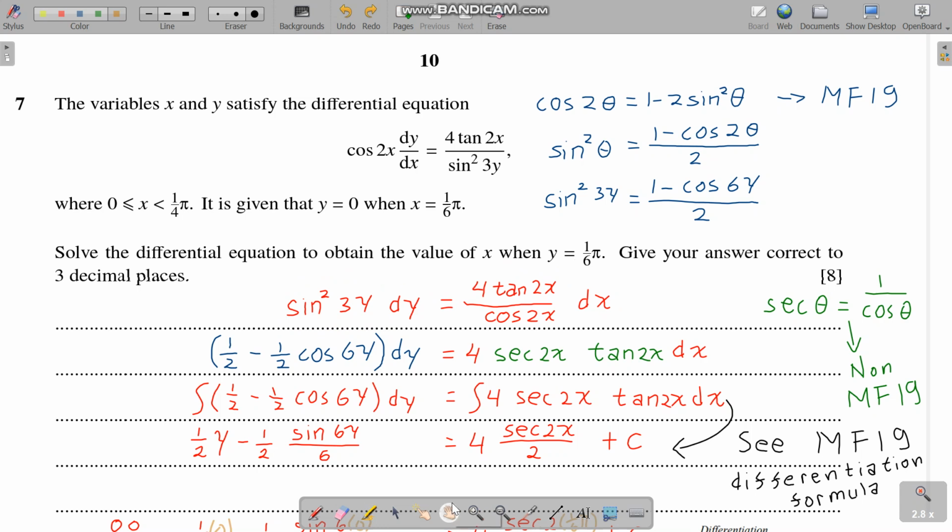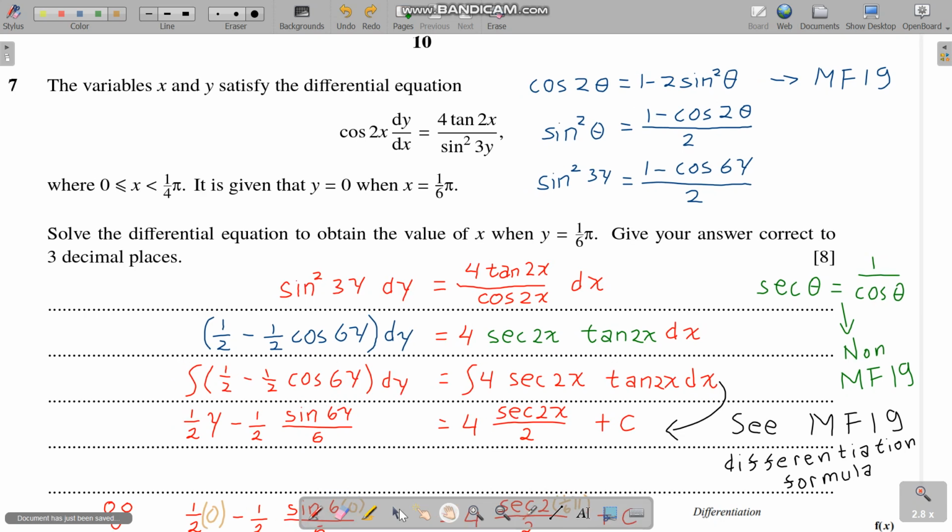Now the next step is to integrate both sides, but we cannot integrate sin squared something or 4 tan 2x over cos 2x directly. So we're going to have to use some trigonometric identities here.